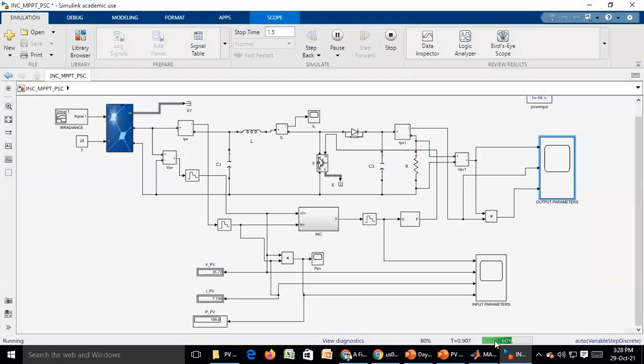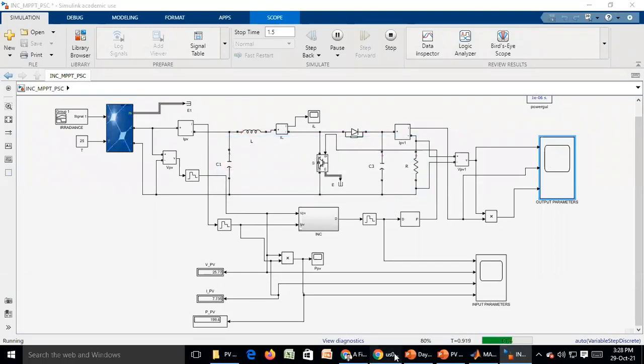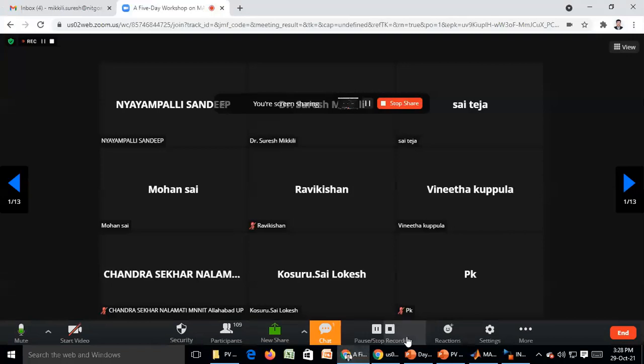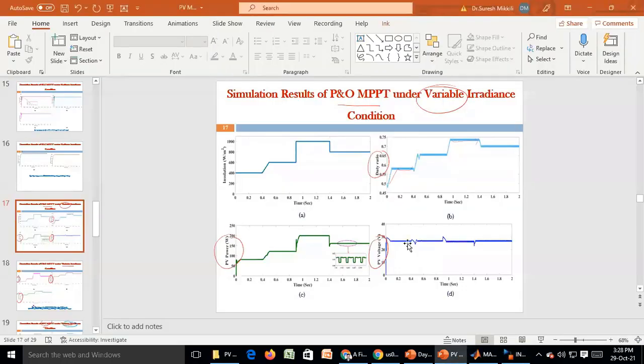So shall I go to fuzzy? How will it be explained? To design the fuzzy logic, to implement the fuzzy logic controller, is it okay? The results will ensure that you get almost the same.